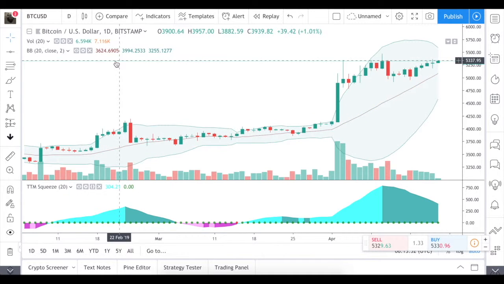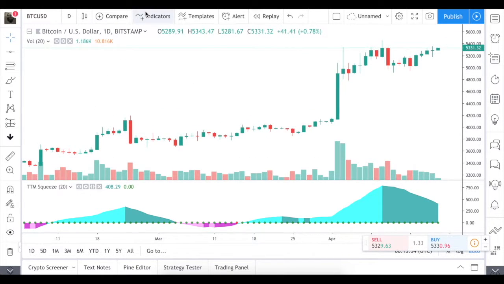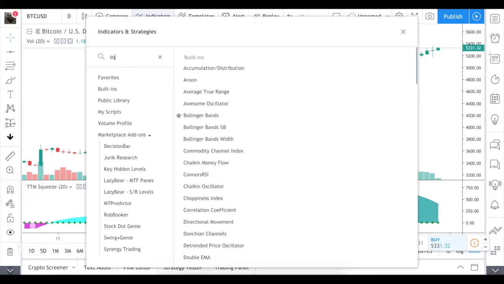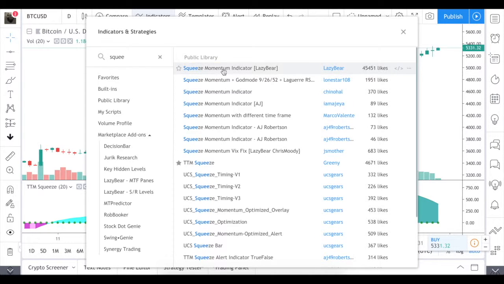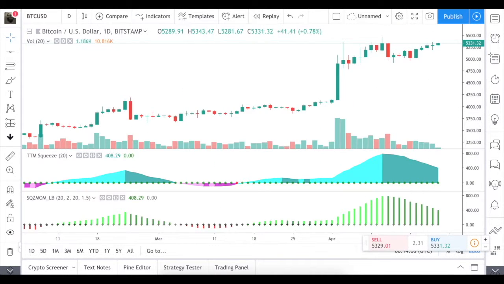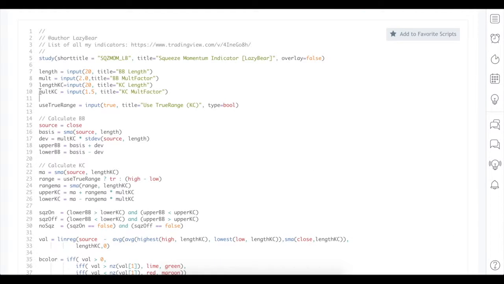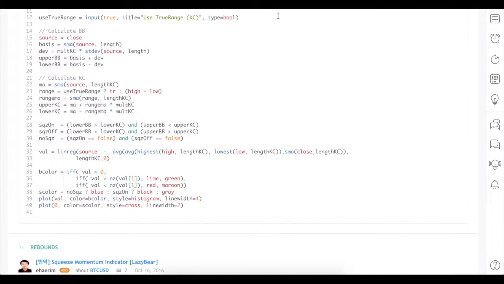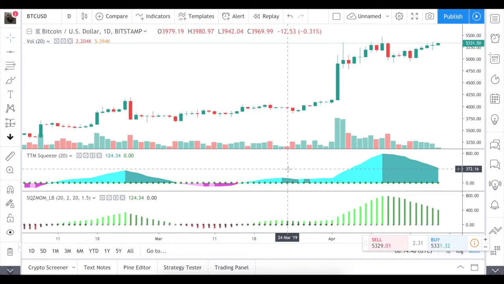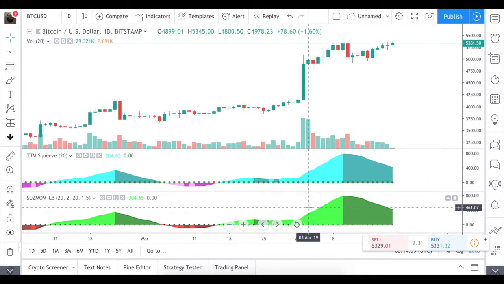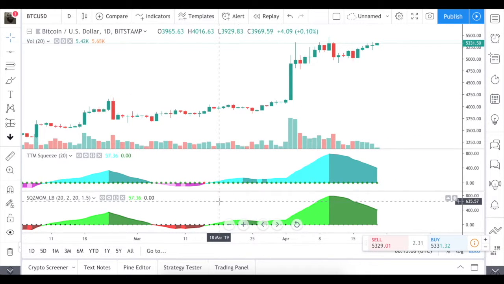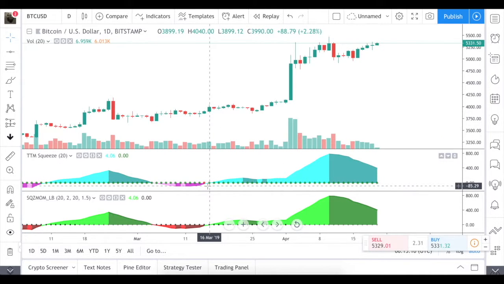Now let's remove the channels and the bands and add one more indicator, which is squeeze momentum. The difference between squeeze momentum and the TTM Squeeze is that they introduce some coefficient to correct this delta, and in this way you may see additional signals appearing, usually earlier than the signals on the TTM Squeeze.